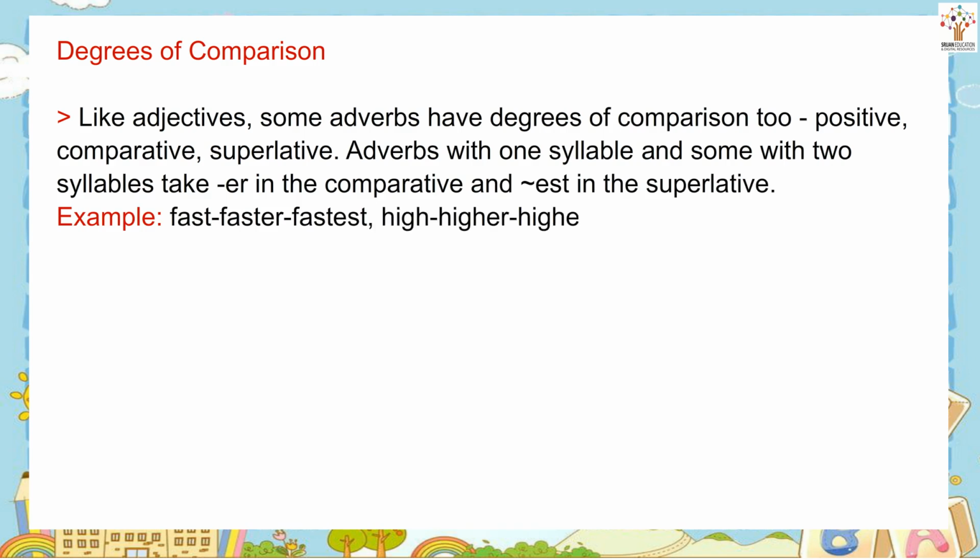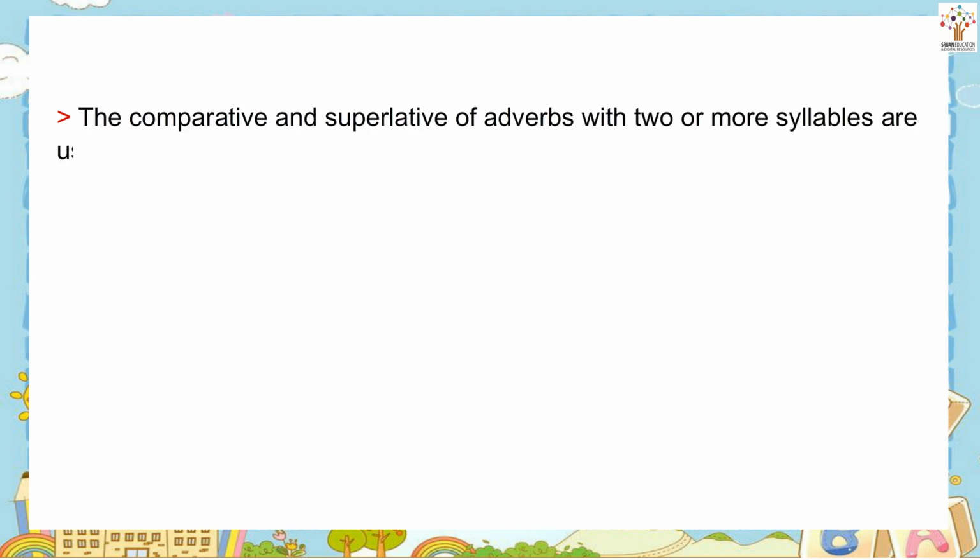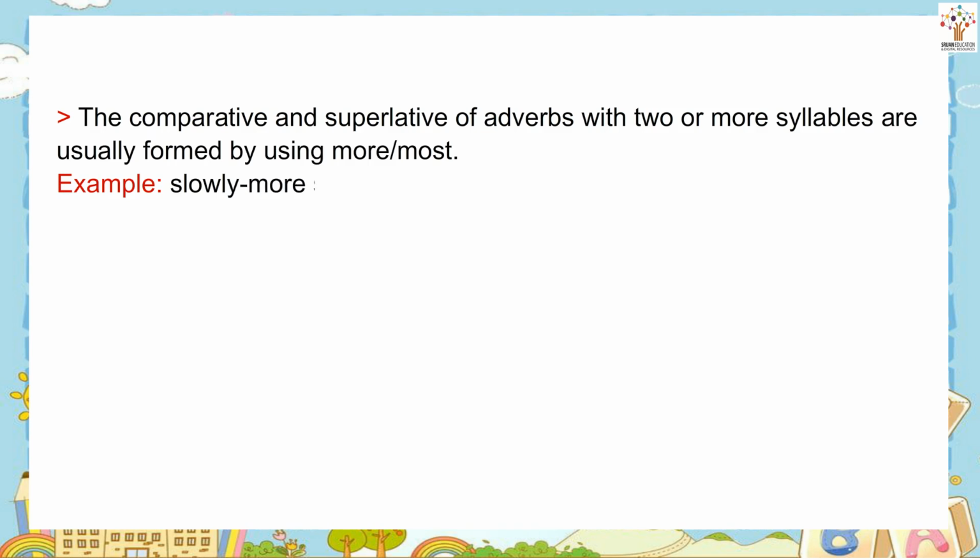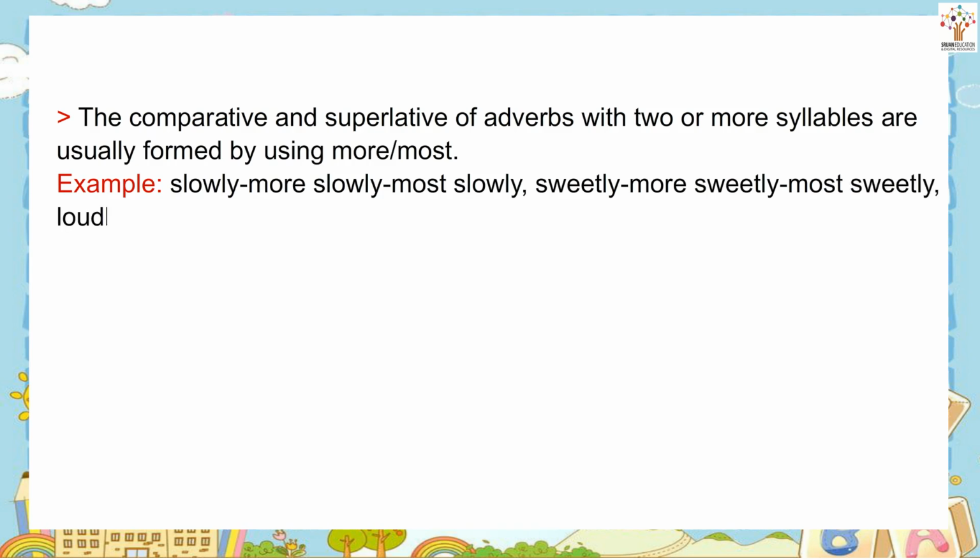High, higher, highest. Early, earlier, earliest. The comparative and superlative of adverbs with two or more syllables are usually formed by using more, most. Example: slowly, more slowly, most slowly. Sweetly, more sweetly, most sweetly. Loudly, more loudly, most loudly.